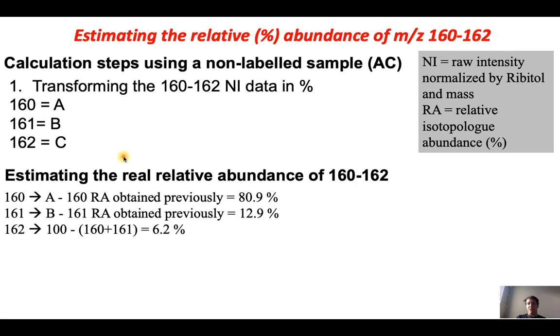But then we discounted: we estimated the relative abundance of the 160 and 161 from the 157, and took this value and discounted the percentage obtained previously. What we got was almost 81%, almost 30%, 13% here, and 60.2% of the M2.